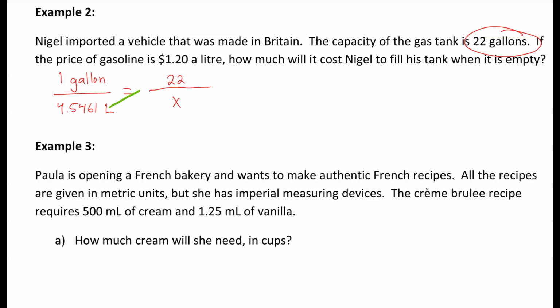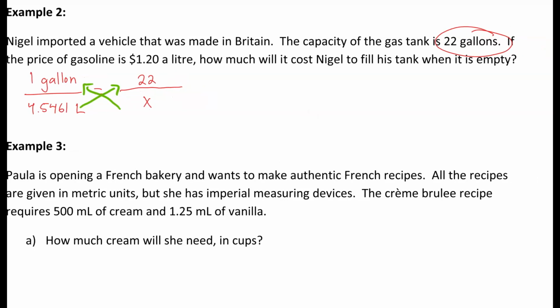That means this is going to cross and multiply. So we have 1 multiplied by x, which gives us 1x, equals 4.5461 multiplied by 22. This is going to give us 100.0142 liters. So this is how many liters we're going to get for our British Imperial conversion.